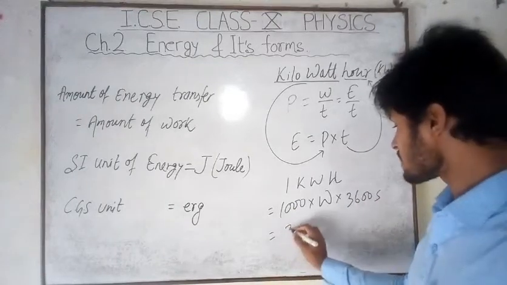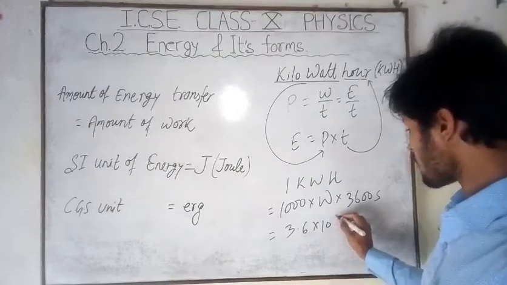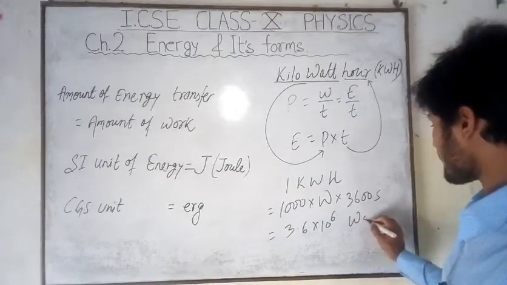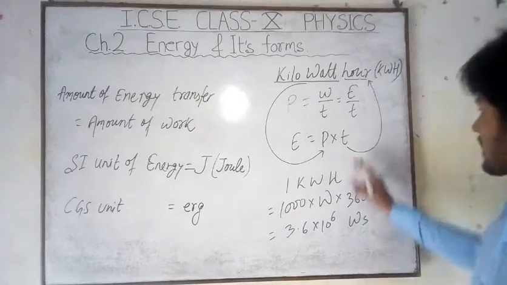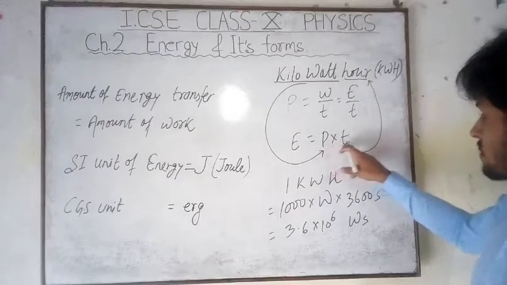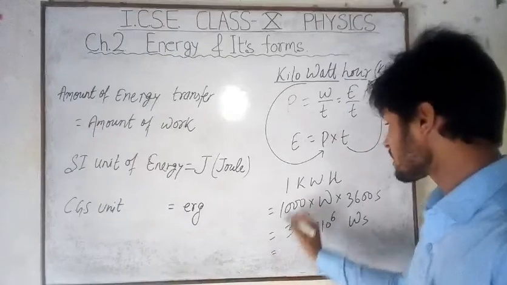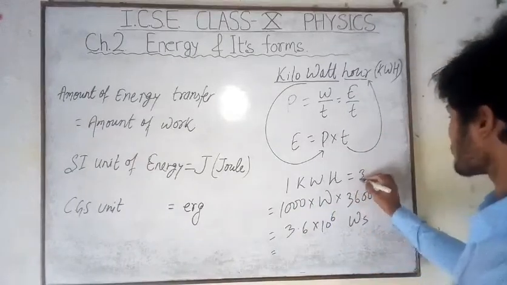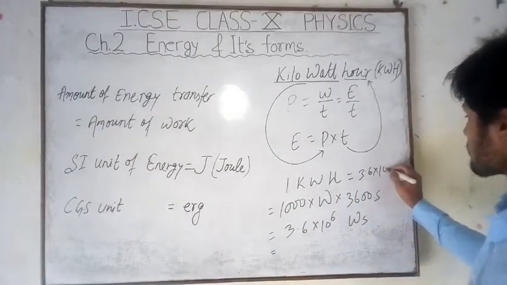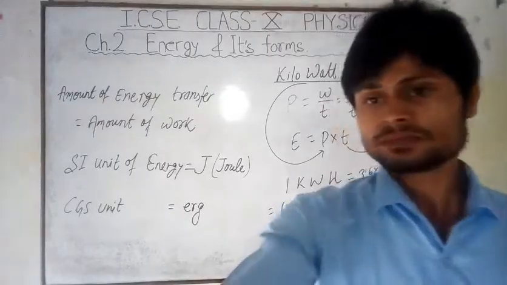Now we have 3.6 into 10 to the power 6 watt second, and you all know that watt second means power into time. Watt into second gives the SI unit of energy, that is joule. So 1 kilowatt hour is equal to 3.6 into 10 to the power 6 joule.